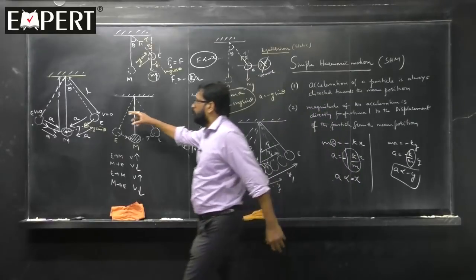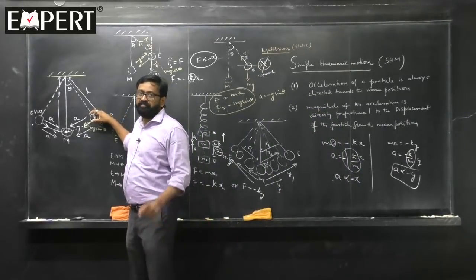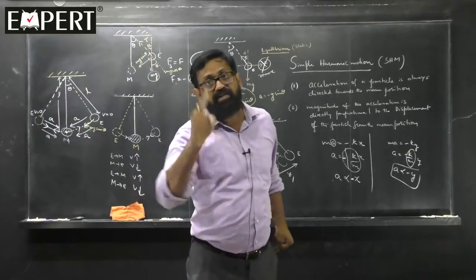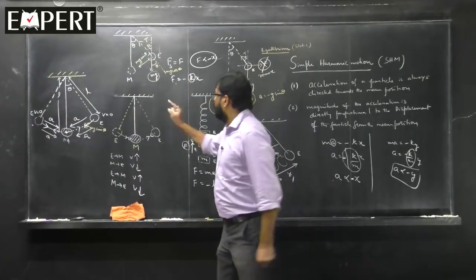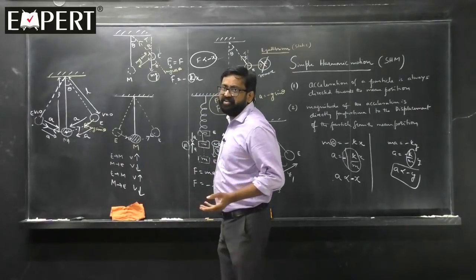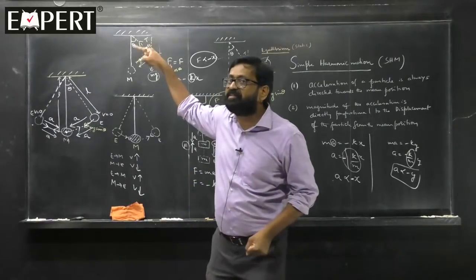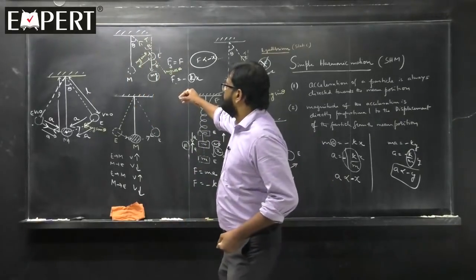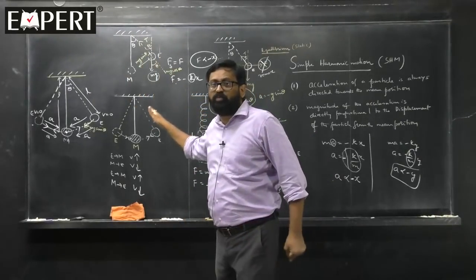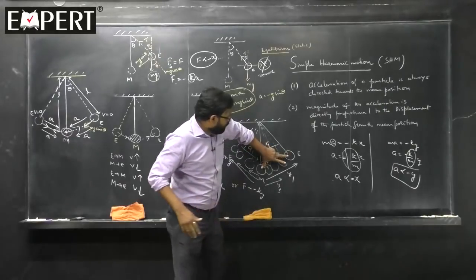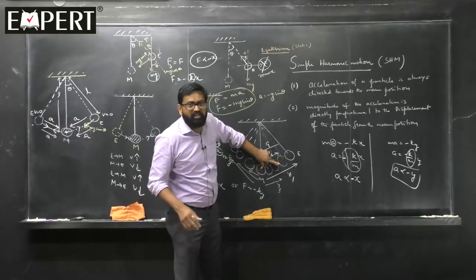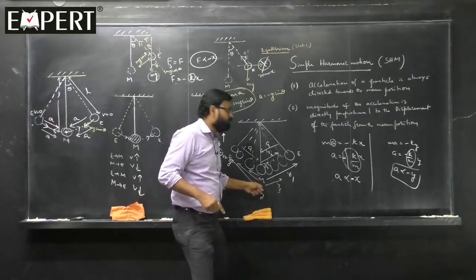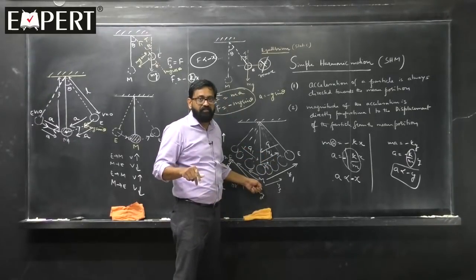Can I say that when the bob is at the extreme position, displacement is maximum? When the bob is at the extreme position, displacement is maximum, and don't you think that this acceleration g sin theta is maximum? Theta is maximum, sin theta is maximum, g sin theta is maximum. When the bob is left from the extreme position, it will start moving towards the mean position, and its displacement goes on decreasing.